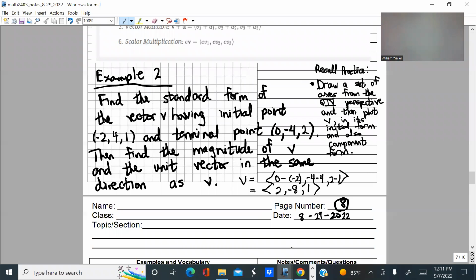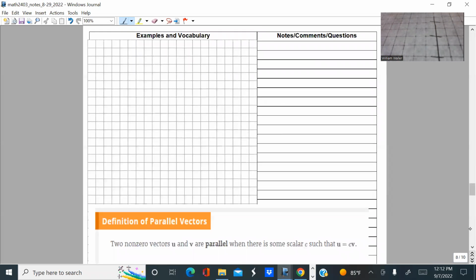But I would have probably started by labeling this as the x-axis and this as the y-axis, and this as the positive side of the x-axis and this as the negative side of the y-axis.